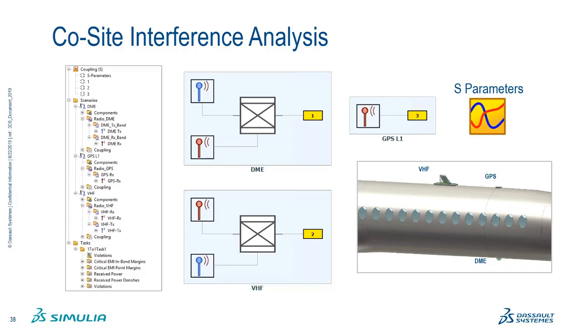Radio models may include transmitters, receivers, components such as splitters, and we also use the S parameter block generated by the CST 3D electromagnetic simulation, which contains all of the information about coupling between the antennas. So let's perform co-site interference analysis for 3 antennas, the VHF, DME, and GPS, which are located near to each other at the front of the aircraft.